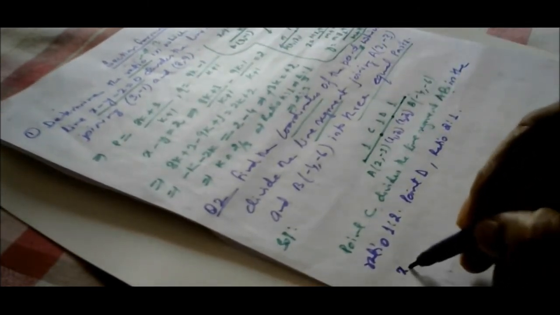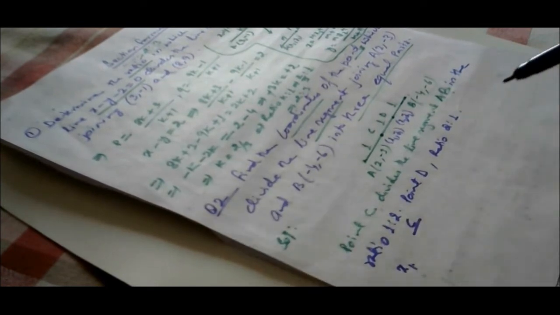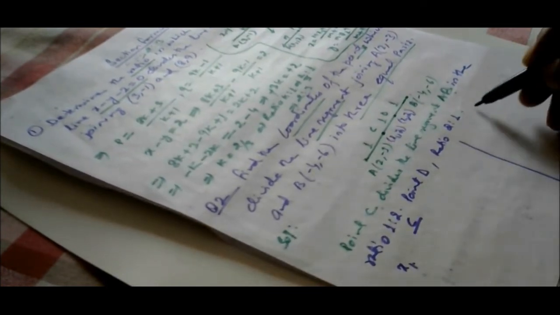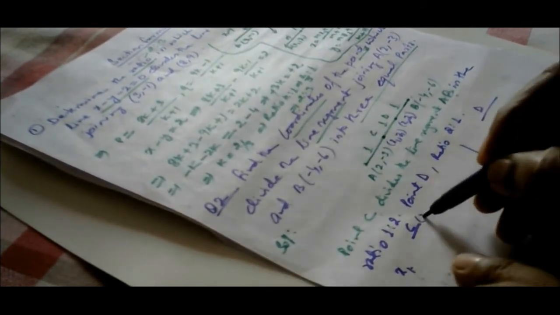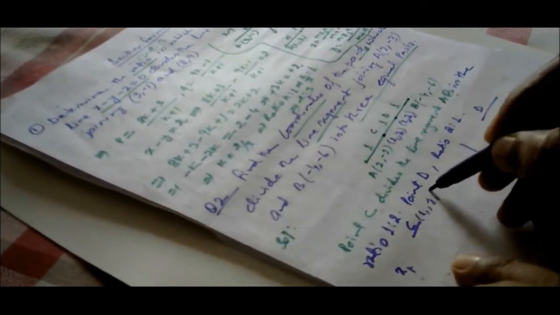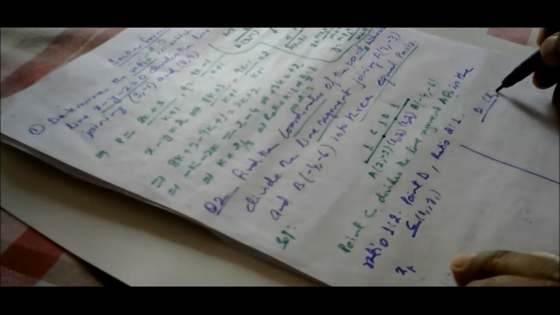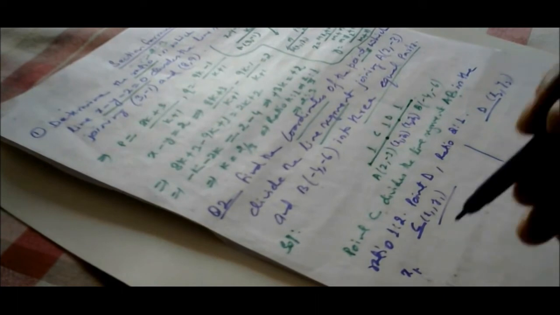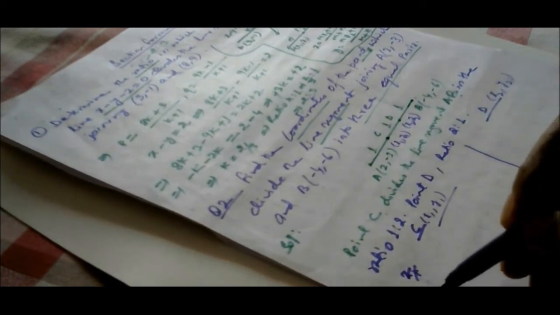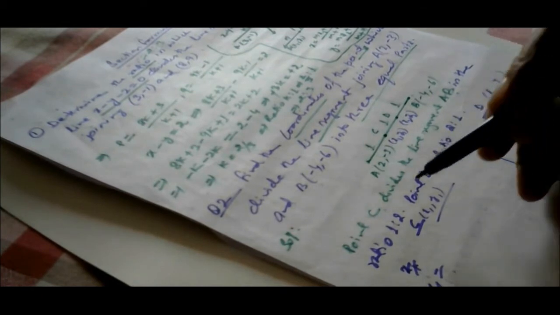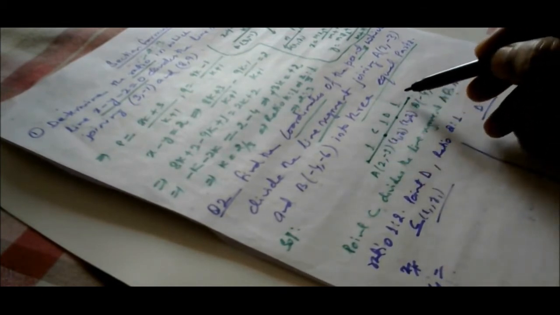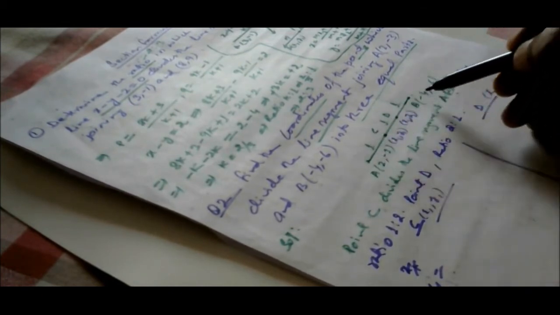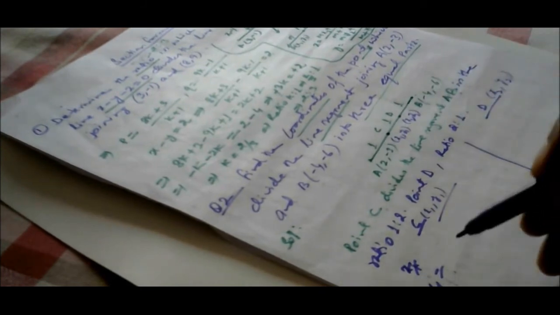So x1 is equal to, on this side 1 is to 2 is there. So 1 will get multiplied with minus 4.